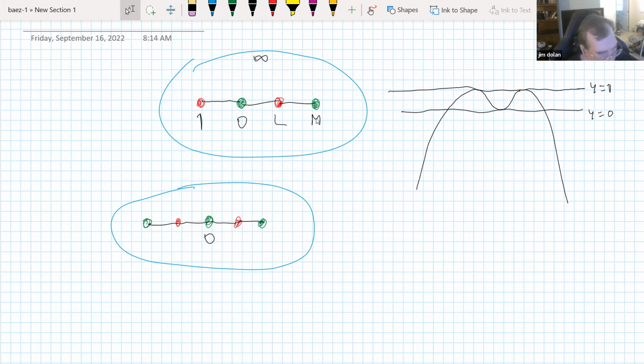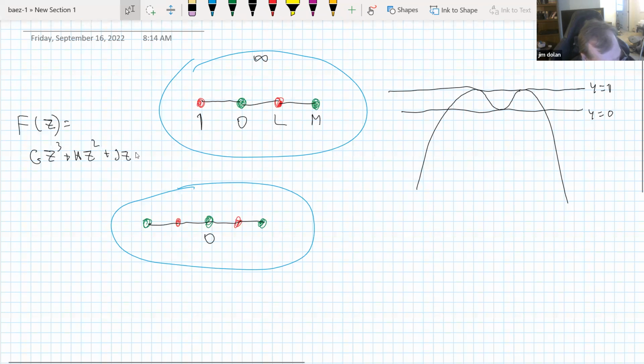So we're aiming for a Shabat polynomial of the form f of z equals g z cubed plus h z squared plus j z plus k.